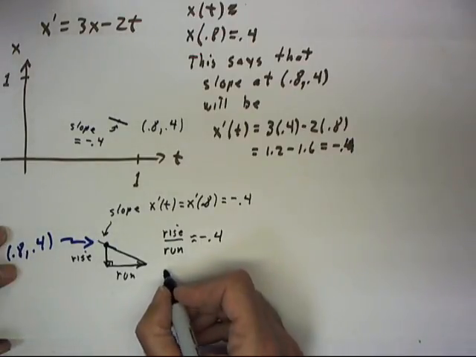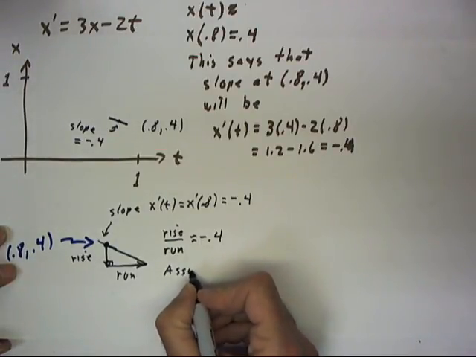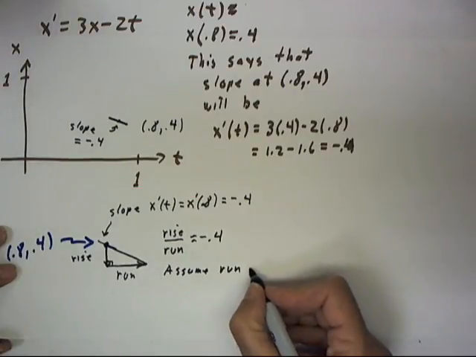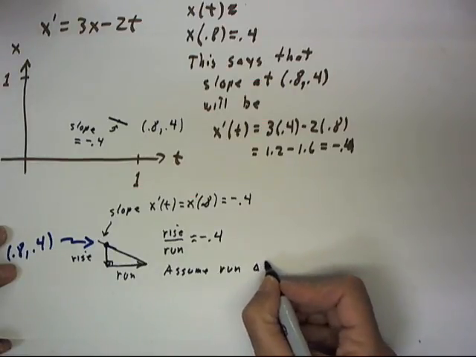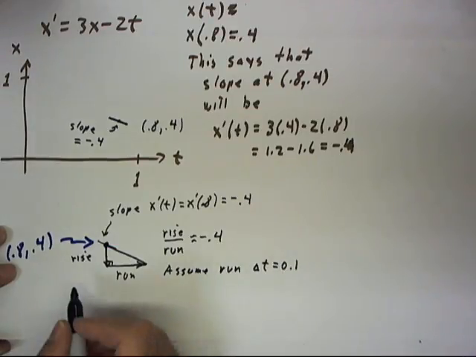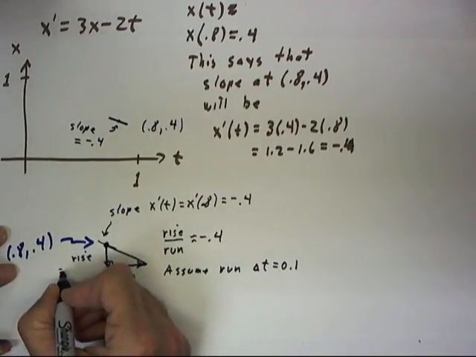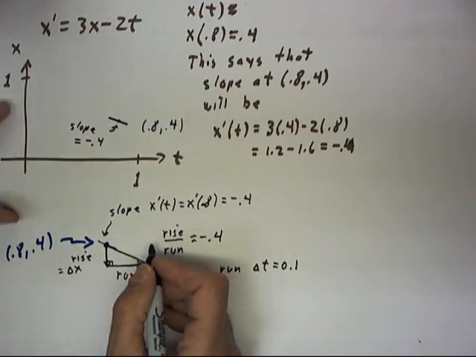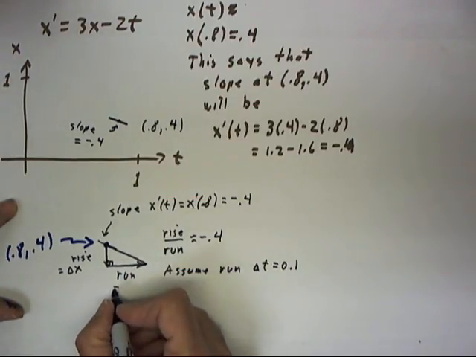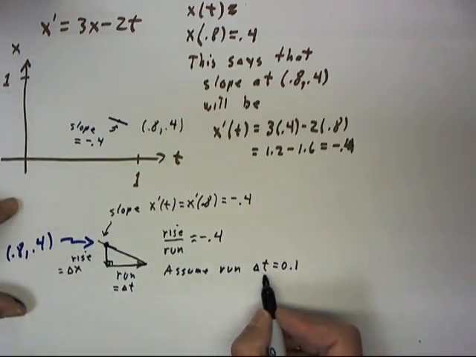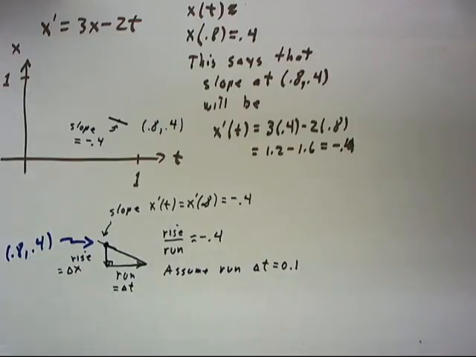So let's assume a relatively small run of delta t equals 0.1. Now our rise is our change in the x-coordinate, because our x-coordinate is being represented by the vertical axis, and our run is the change in our t-coordinate. So we're assuming the run delta t is 0.1.